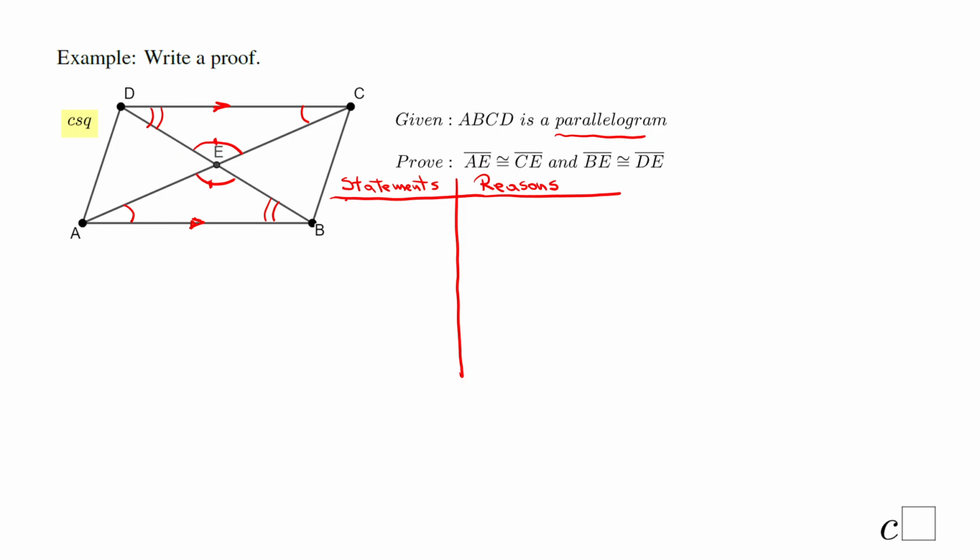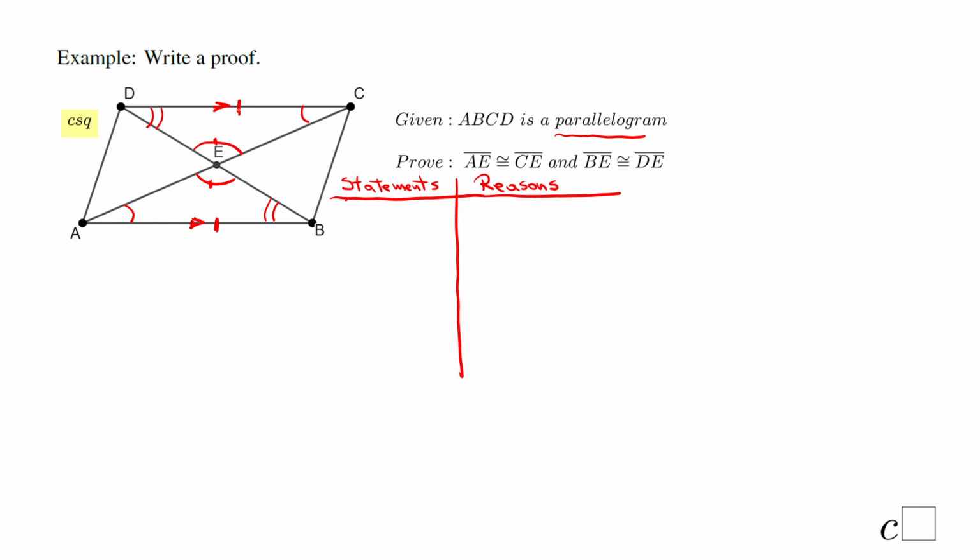Okay. However, we don't have any theorem that says angle, angle, angle, and then the triangles are congruent. We need a side. So which sides are congruent? Obviously these two sides because they are opposite sides.